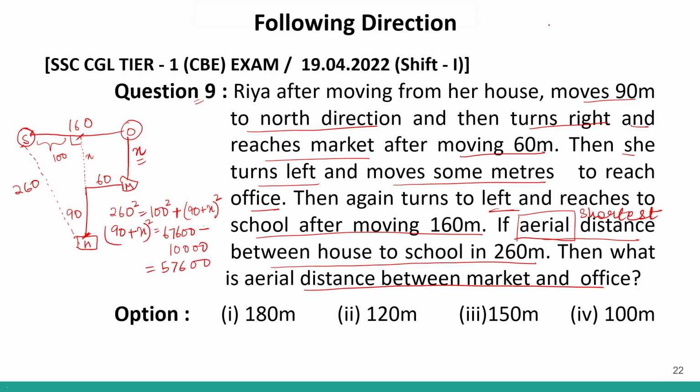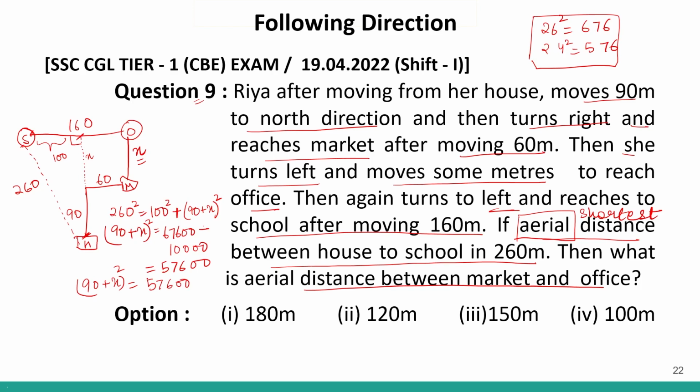This is 57600. So let me tell you, 26 square is 676. Similarly, 24 square is 576. So this much you should know. Now, (90 plus x) square will be 57600, correct?